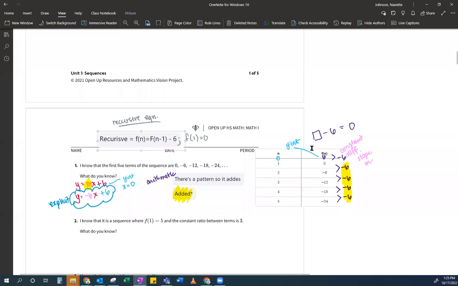Whatever the case might be, in my understanding, there's very little here that is technically new for you. The new thing actually is right here, recursive equations. You've never seen recursive equations before. But you've seen y equals mx plus b before.